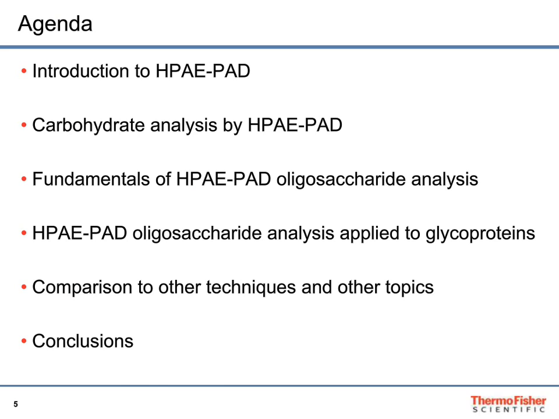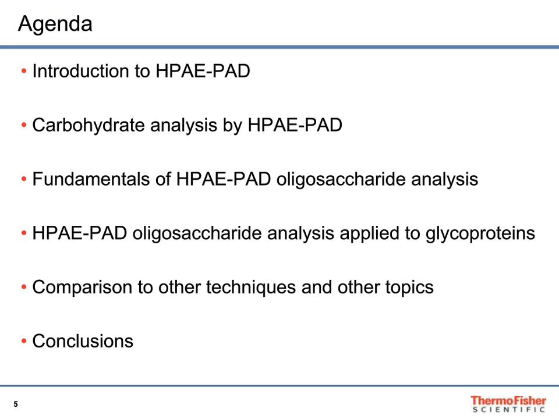Finally, I'll compare HPAE-PAD to other techniques for oligosaccharide analysis of glycoprotein oligosaccharides, and also talk about some other topics related to HPAE-PAD and oligosaccharide analysis from glycoproteins. And then I'll close with a few conclusions.